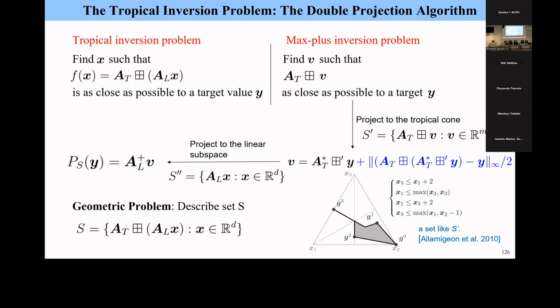So finding this optimum vector v is essentially a lattice projection, as I have already explained. Why lattice projection? Because it's a combination of erosion and dilation.